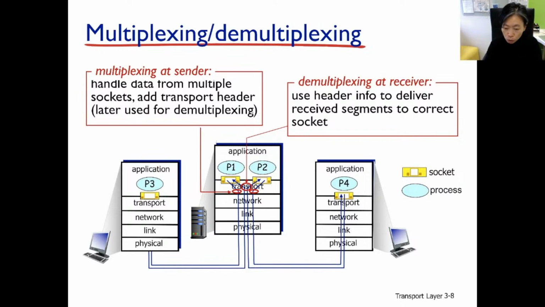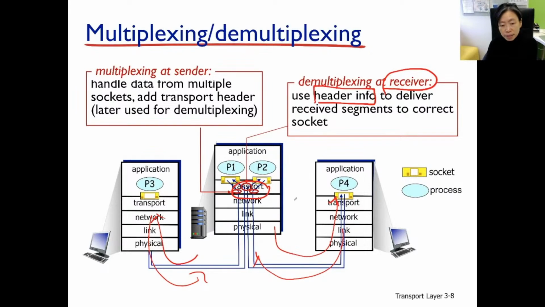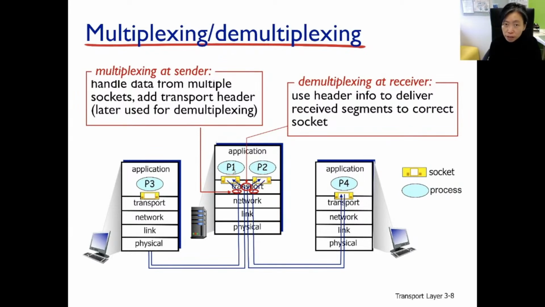When messages go out and reach P3 and P4, and P3 and P4 in return generate something back, as it arrives back at the server's transport layer, the transport layer works as a demultiplexer at the receiving side. What it does is look into the header in these packets and decide whether the message should be forwarded to this socket or that other socket. Right? Very simplistic, but very important functionality.